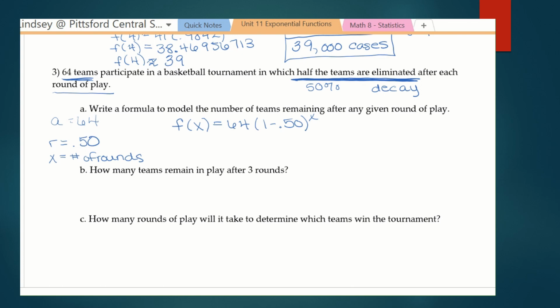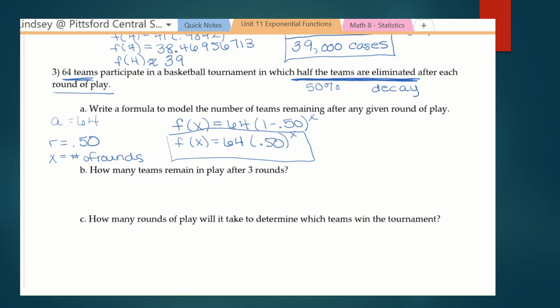Okay, so I just did function notation this time just to practice. And then again, just simplifying this a little bit, I get 64 times 0.5 raised to the power of x. Alrighty, so now let's apply this formula.